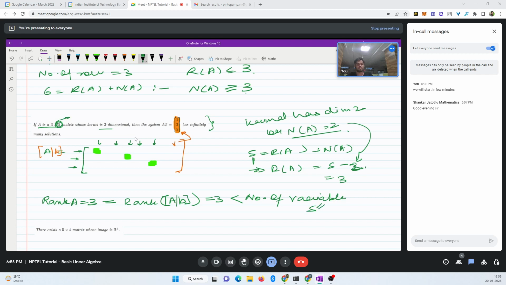Okay, so what kind of case does this give? This gives you infinitely many solutions. If you remember, if rank of A is equal to rank of A augmented B, which is strictly less than the number of variables, then you have infinitely many solutions. So no matter what B you had over here, you would have infinitely many solutions.